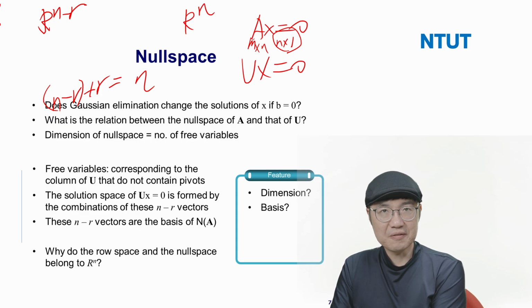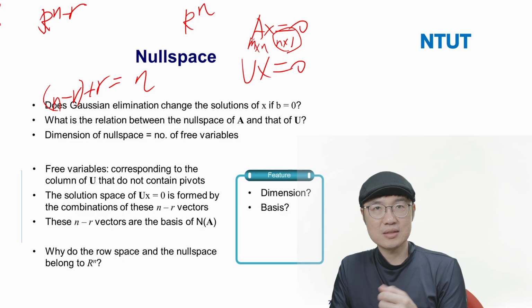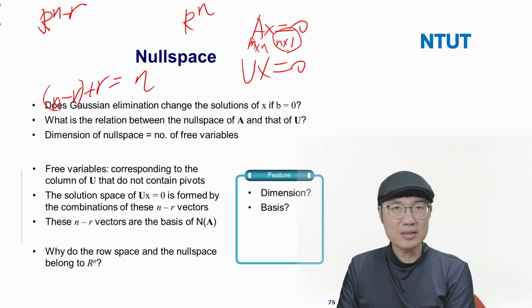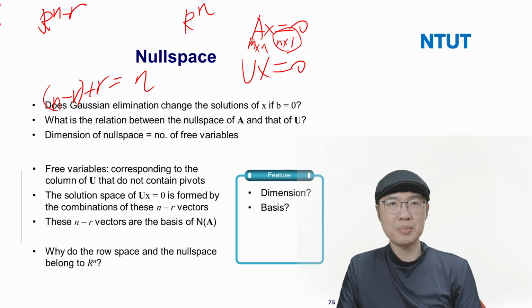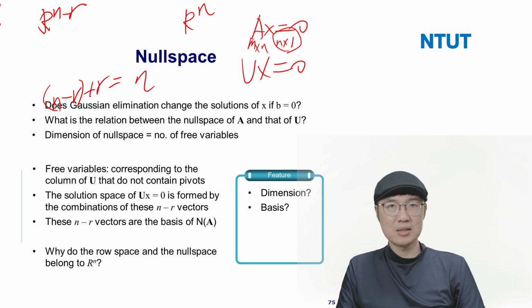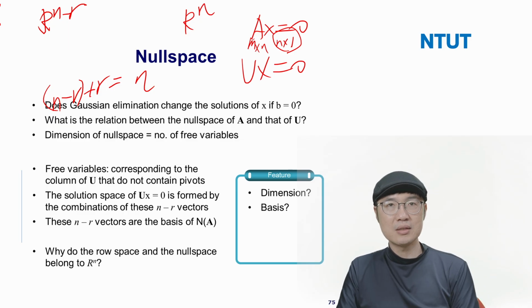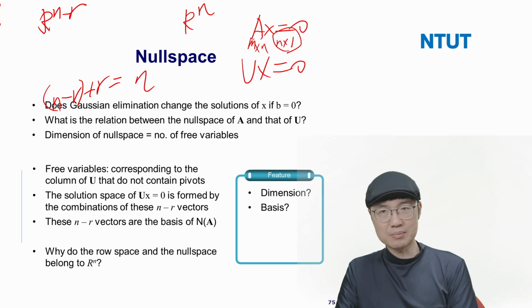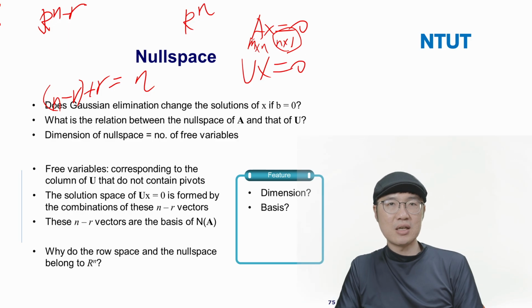I can see the information of the row space from the null space, or vice versa. I can tell the information in the null space from only the row space, because row space and null space can be combined and fill the whole R^n. They can span the whole R^n, but one takes the r part, the other takes the n minus r part.